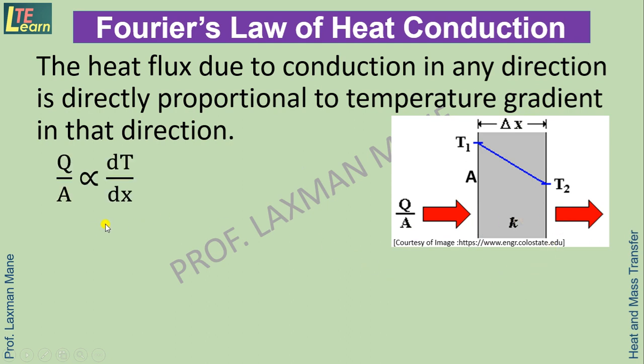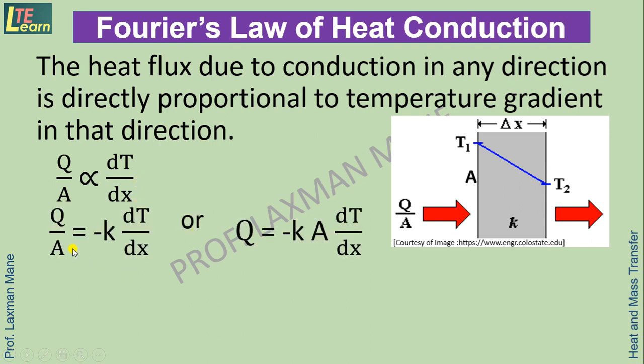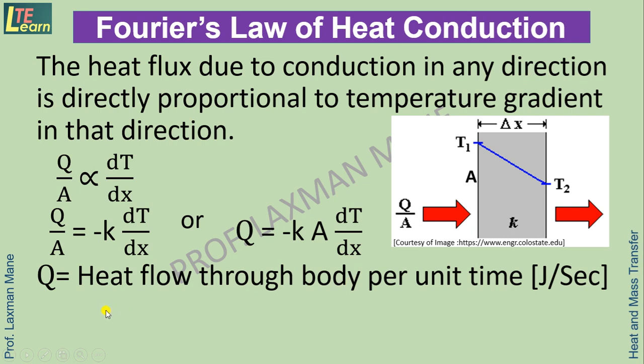So Q by A is proportional to dT by dx. It can be written as Q by A is equal to minus K into dT by dx, or Q is equal to minus K into A into dT by dx, where Q is heat flow through body per unit time.